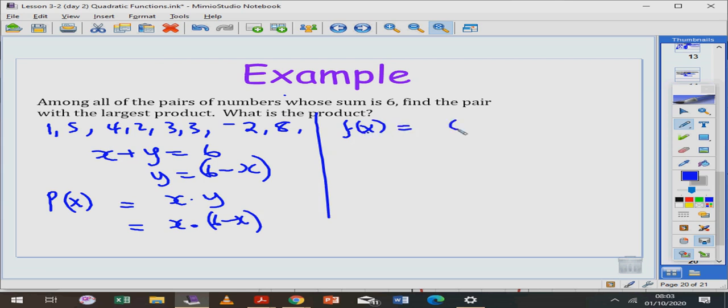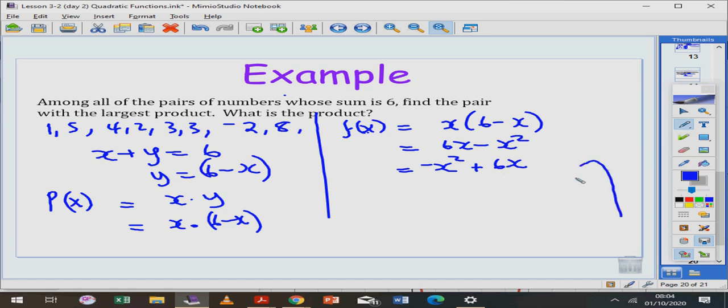I need to find the x value of the axis of symmetry, and that value, once substituted into this function of the product, and we call this fp so I don't confuse you, is going to give me the maximum product. So x is -b over 2a, b is 6, so -6 over 2 times -1, which gives me 3.